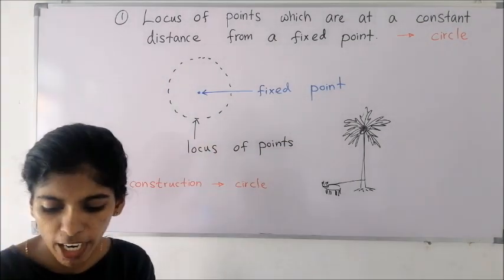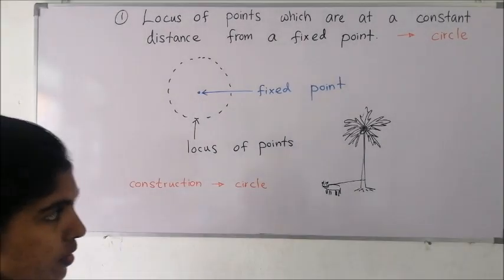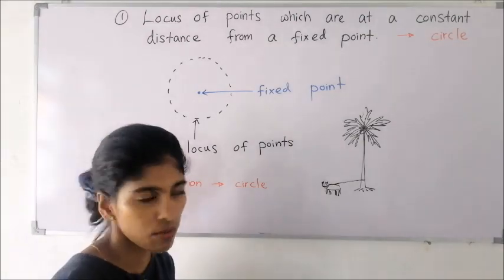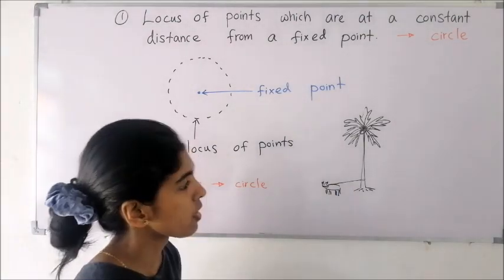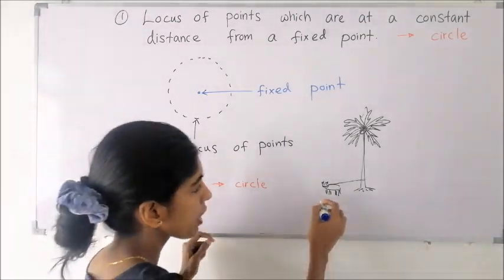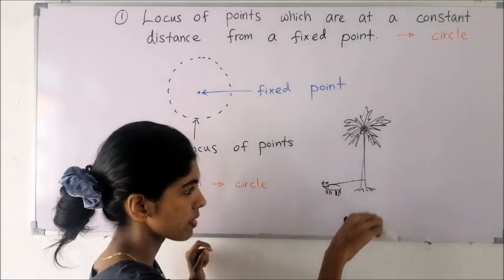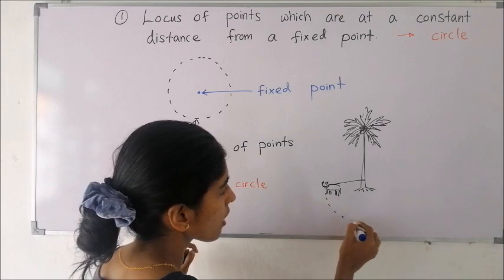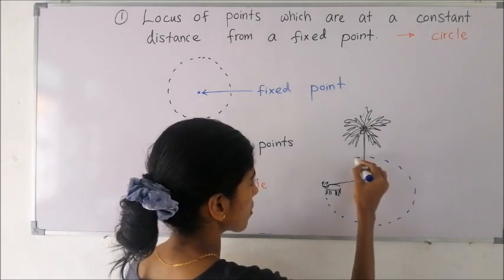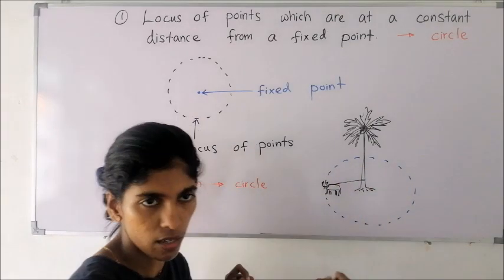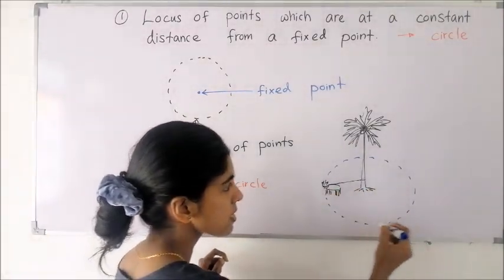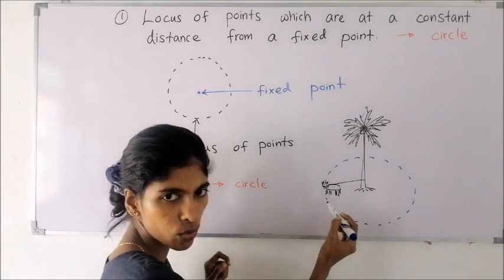Here I have given you a practical situation. At a coconut tree, a cow is tied with the help of a rope. So this cow can move, and that means we will take the longest length. This cow can walk only in this area. If we consider the maximum length, this is the path this cow can move.